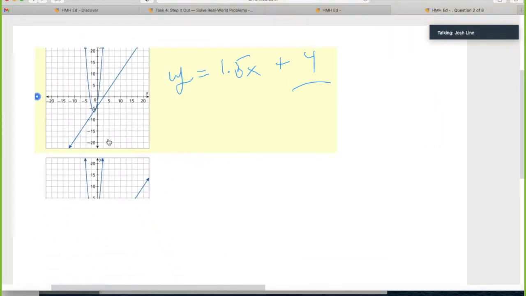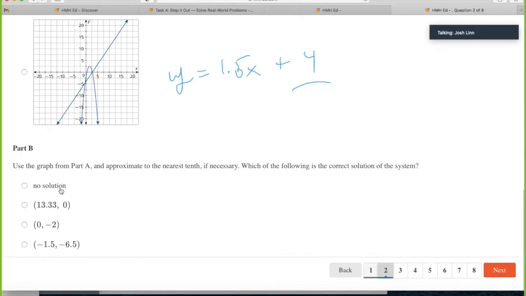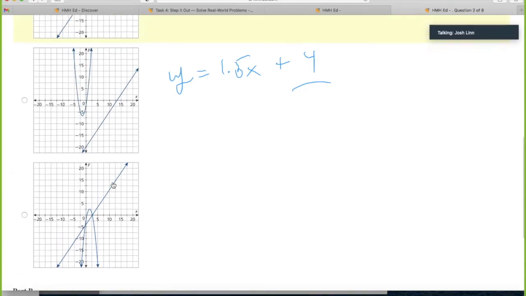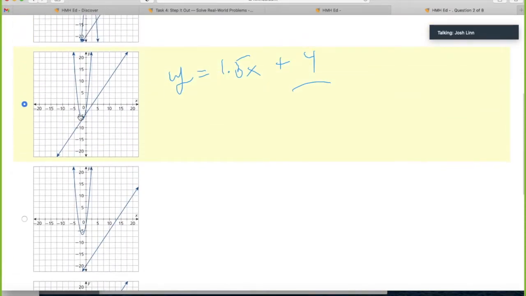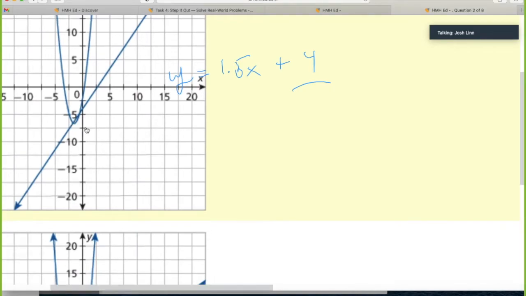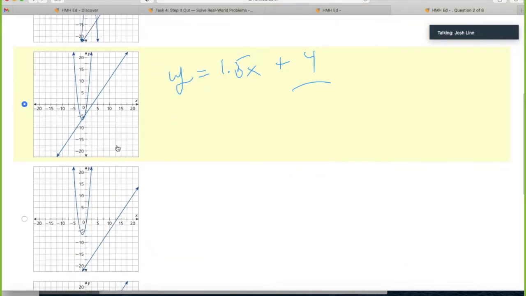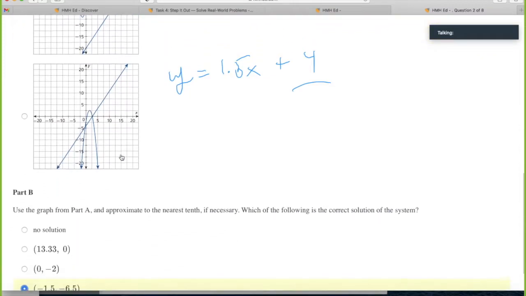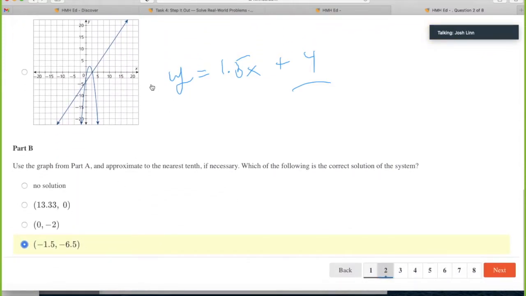So there's a -1.5, I think I saw. So -1.5, I'll go with that one. And again, you can check this for real with a graphing calculator.